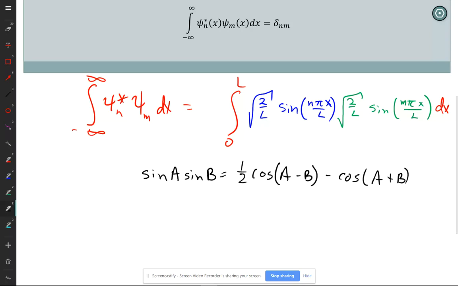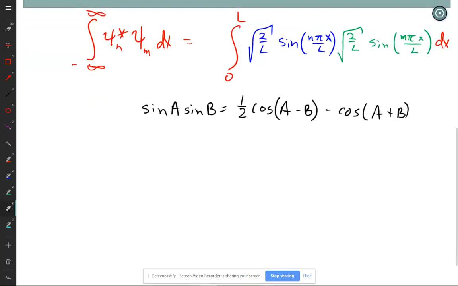And so with that, I can take my specific example here: sine of n pi x over L multiplied by sine of m pi x over L is equal to, there's a 1/2 around this whole thing.